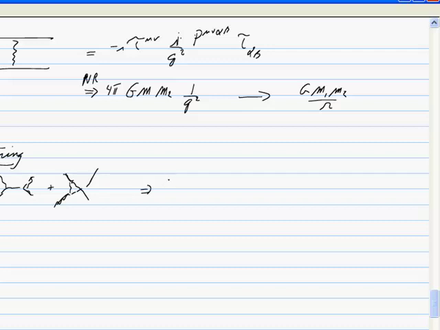But if I take the amplitude for helicity plus going to plus, or the amplitude for minus going to minus, that actually has a very simple form.